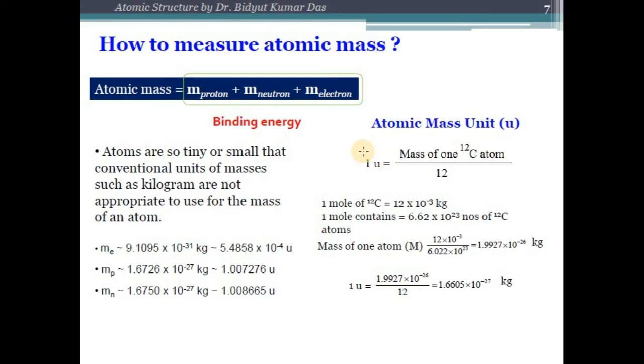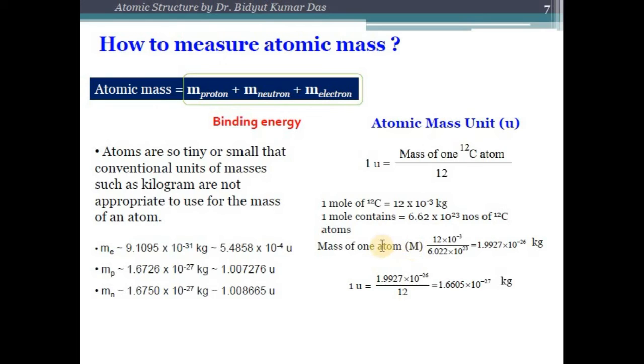Now let's calculate 1 U, or 1 atomic mass unit, in terms of kg. We know that 1 mole of carbon-12 atoms is equal to 12 times 10 to the minus 3 kg, and 1 mole contains 6.022 times 10 to the power 23 carbon-12 atoms, which is Avogadro's number.